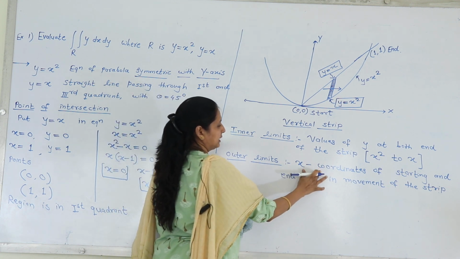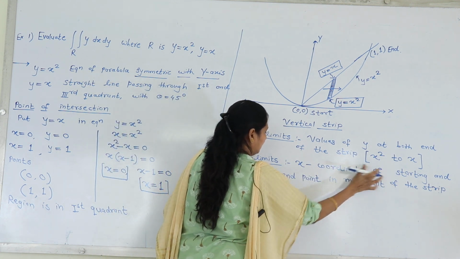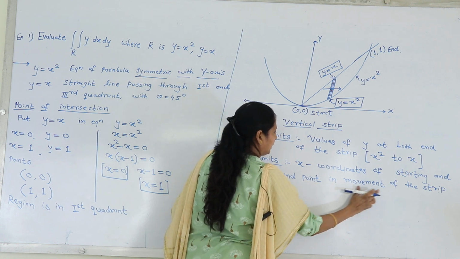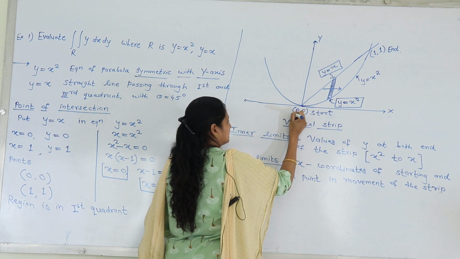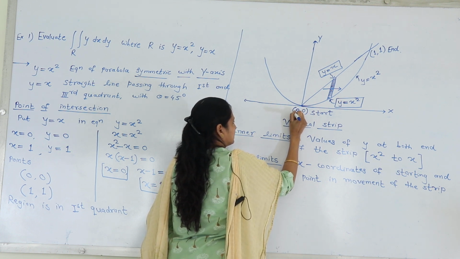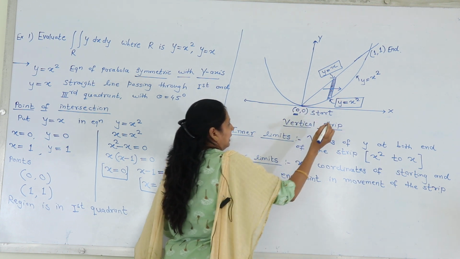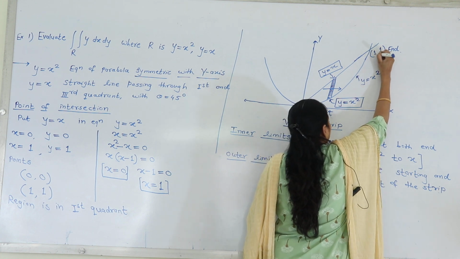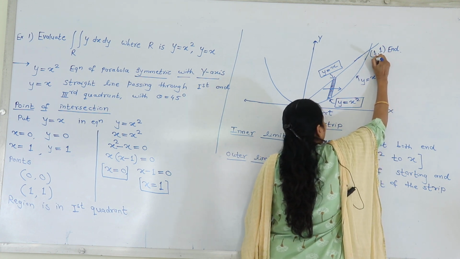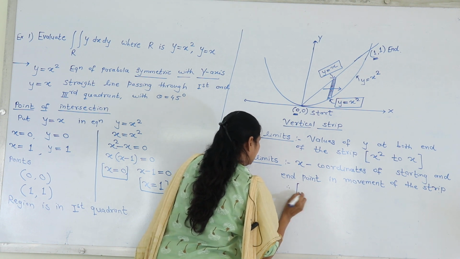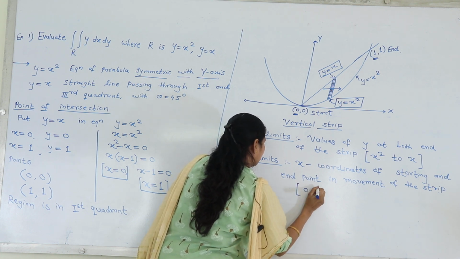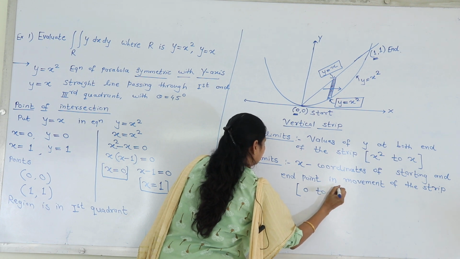Outer limits means the x coordinate of the starting and end point in the movement of the strip. Now at the starting point the x coordinate is 0. That means this first coordinate is 0. At the end point the x coordinate is 1, and therefore the outer limits are from 0 to 1.